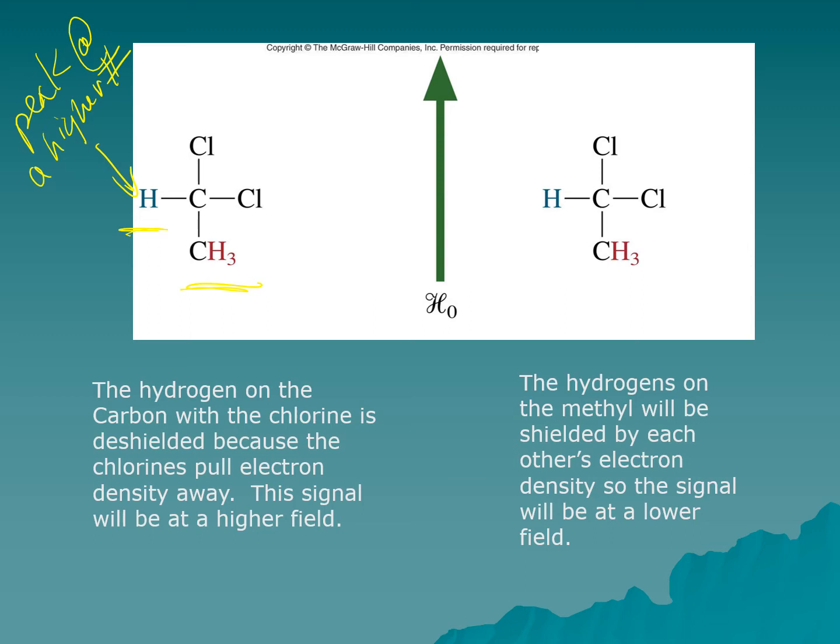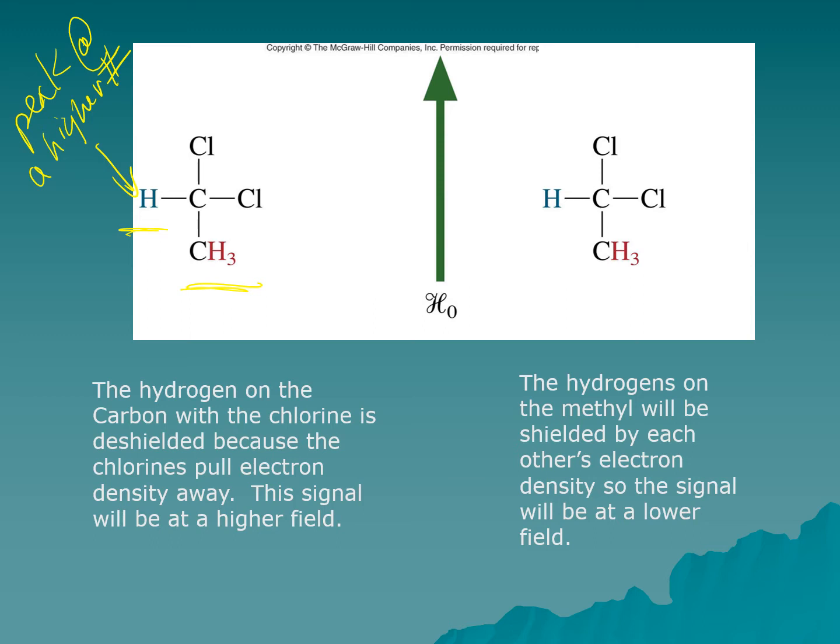These chlorine atoms will be pulling the hydrogen's electrons away from the hydrogen, so the hydrogen's not shielded by its electrons, and so it can shift to a higher number on the spectrograph, okay?